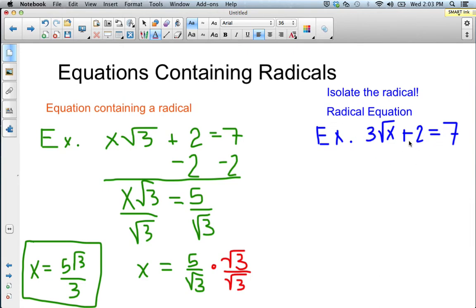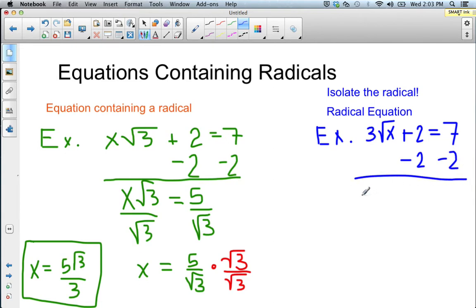I'm going to do that by subtracting 2, minus 2, and we'll have 3 square root x equals 5. Now here you have two options. We've isolated the radical term.